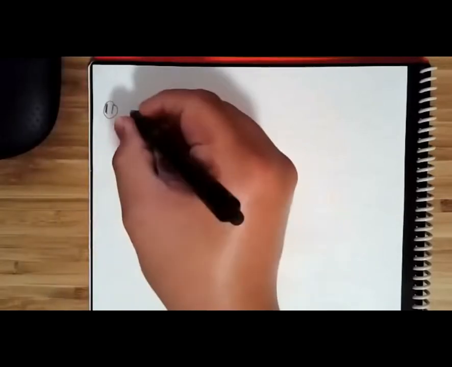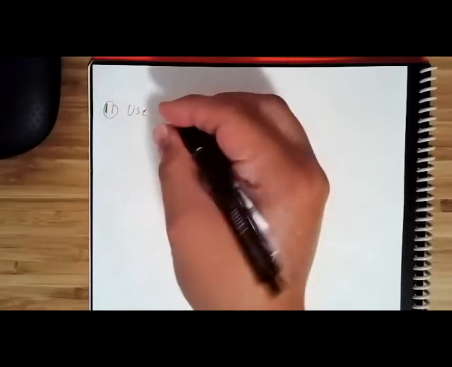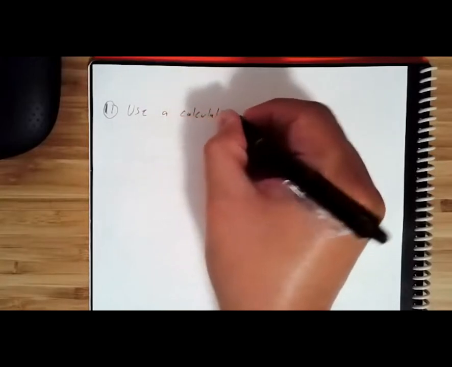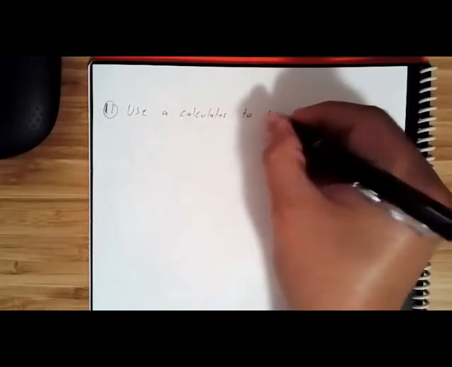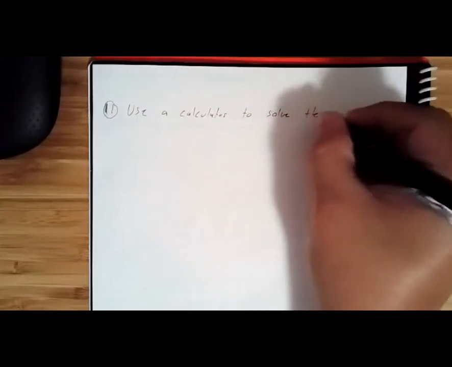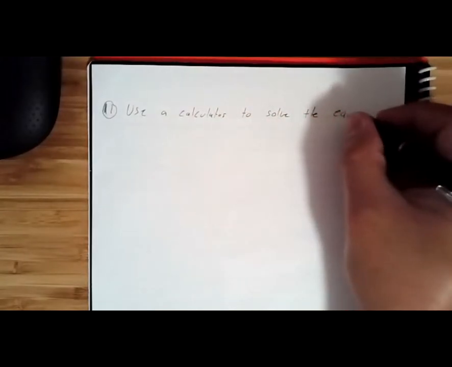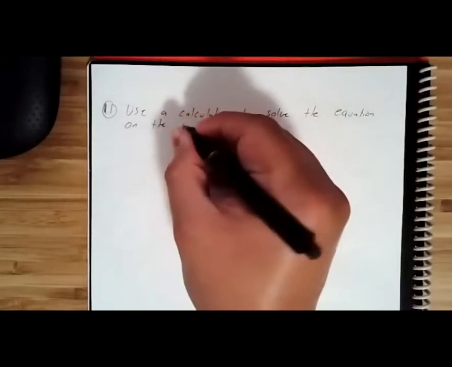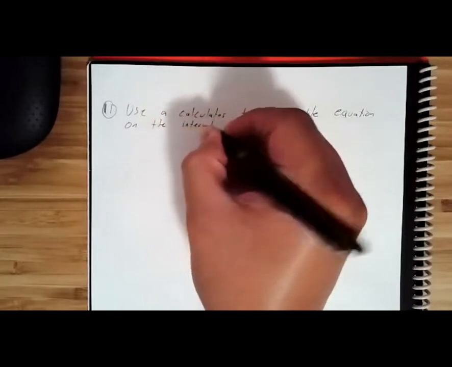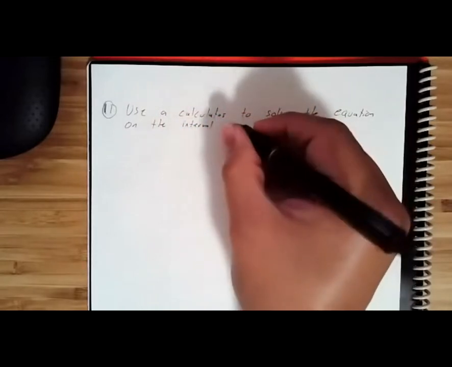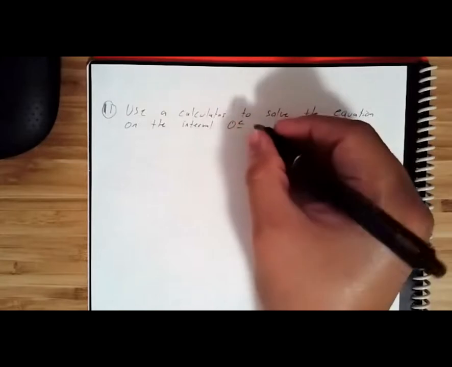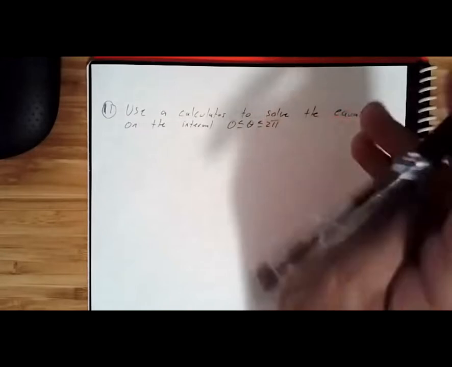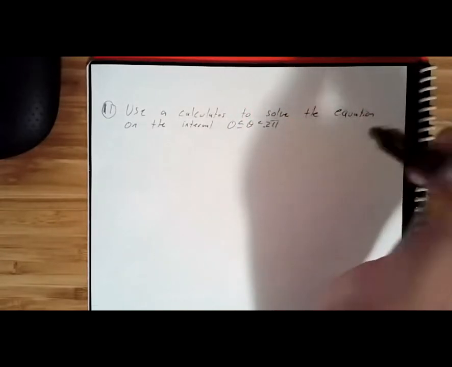Okay. So here it tells you straight up to do this. Use a calculator to solve the equation on the interval 0 less than or equal to theta less than or equal to 2 pi. Oops, no equal to on the second part.